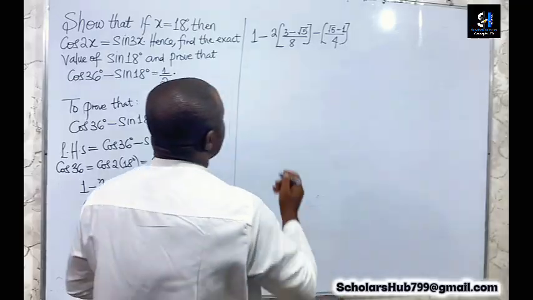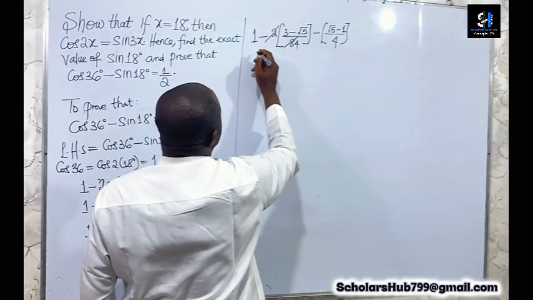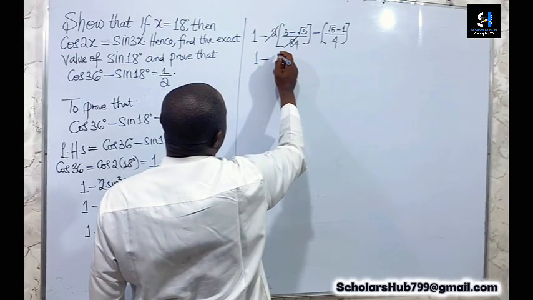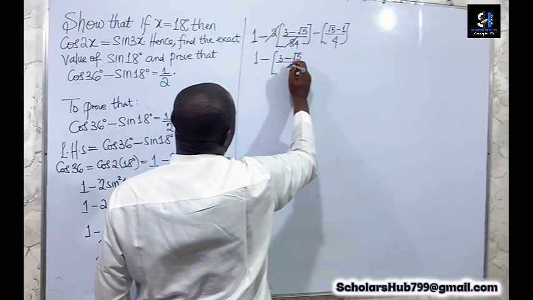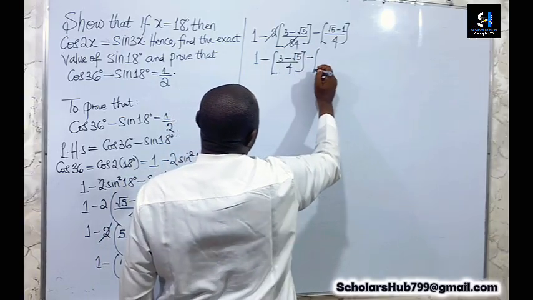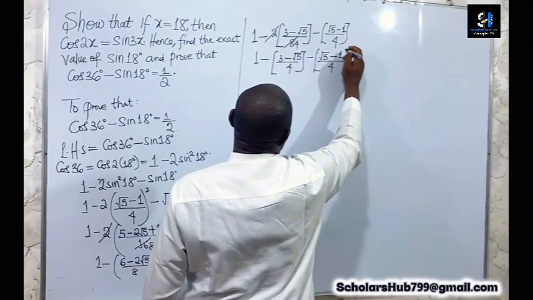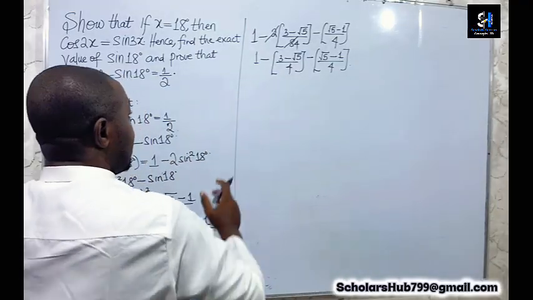So we have 1 minus square bracket 3 minus root 5 over 4, then minus square bracket root 5 minus 1 over 4. Now let's break this.